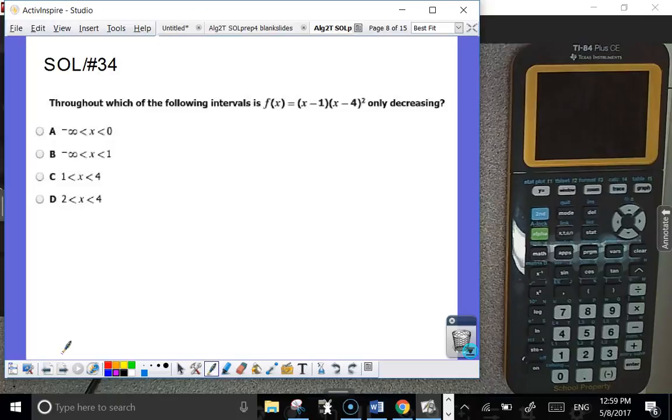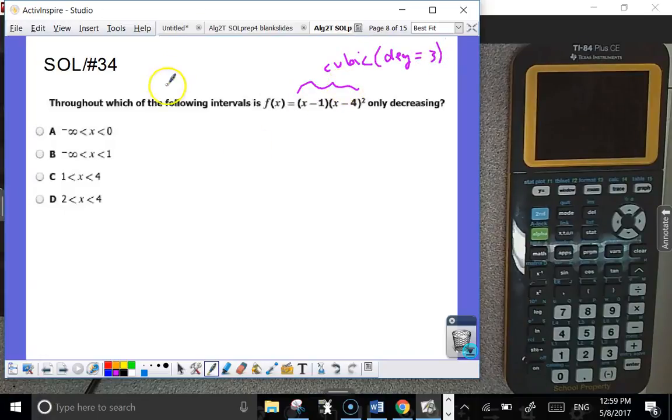What's the highest power of x that's going to come out of that? Well, there's 2 that come out of this x minus 4 squared, but then it's also multiplied times x minus 1. It's a cubic. We know that for sure. I'm going to put in parentheses, degree equals 3.